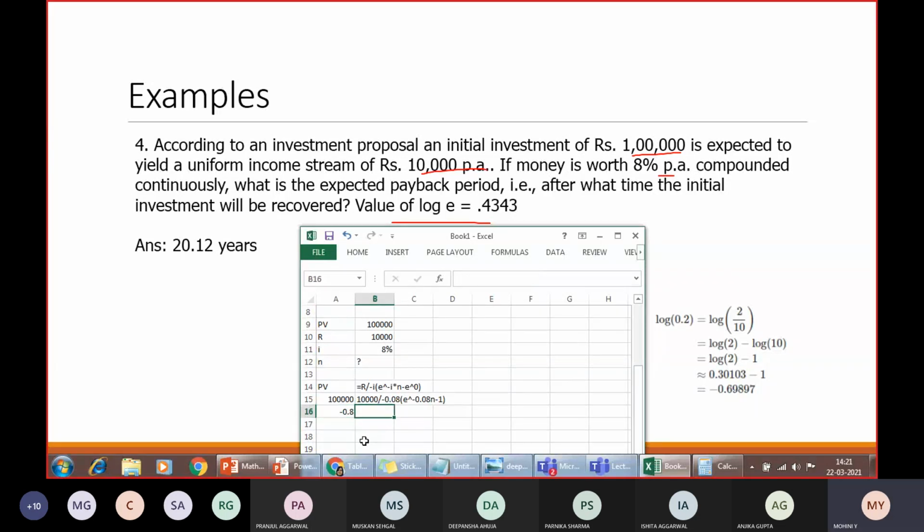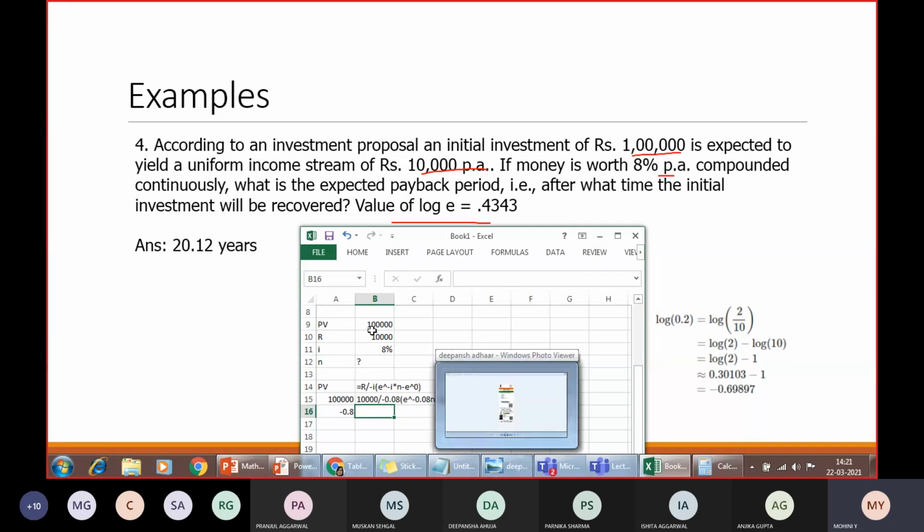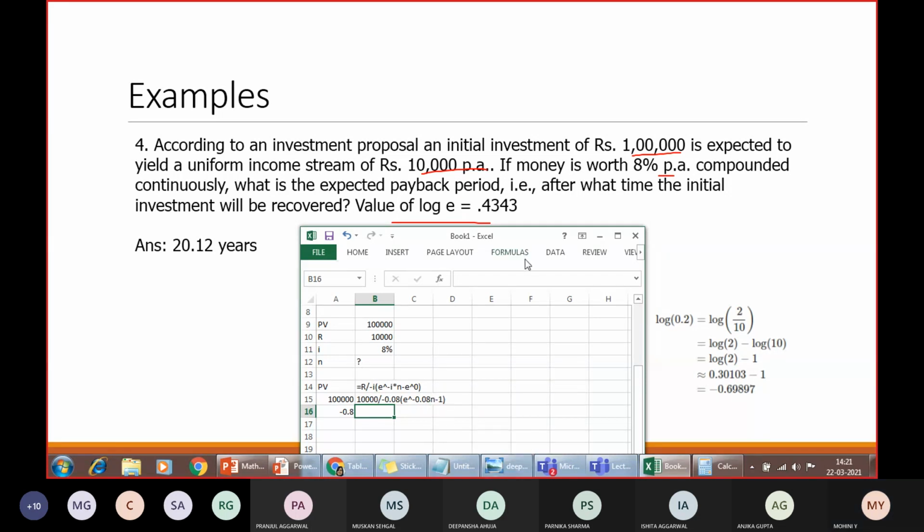Okay, so this is the value here, and here it will be e to power minus 0.08 n. Let me take the minus 1 also to the other side, so that becomes plus 1. ठीक है, ये वाला 1 भी मैं इस साइड ले गई.